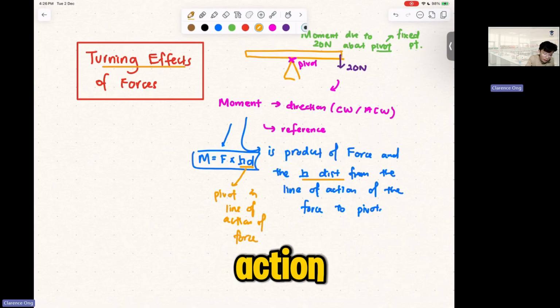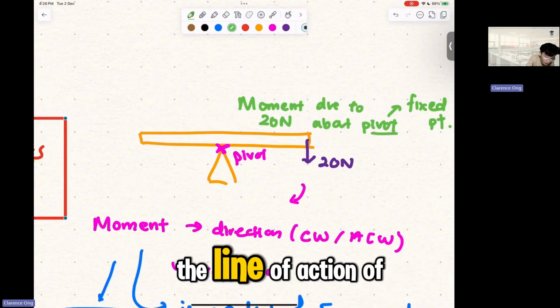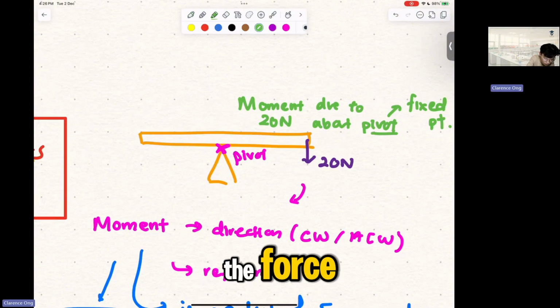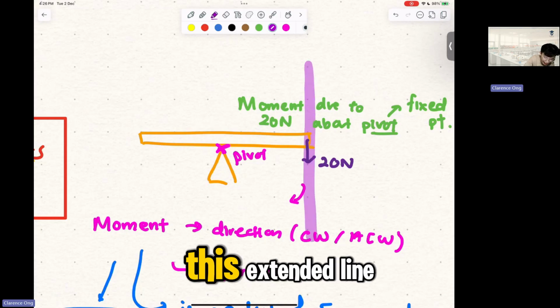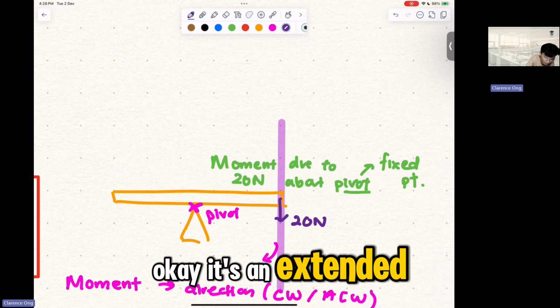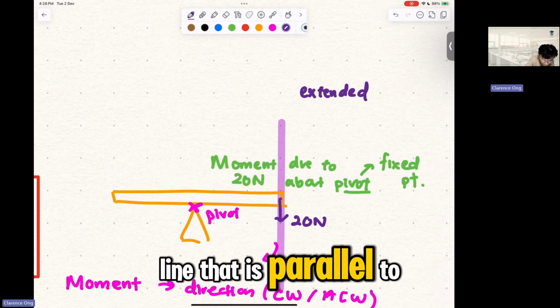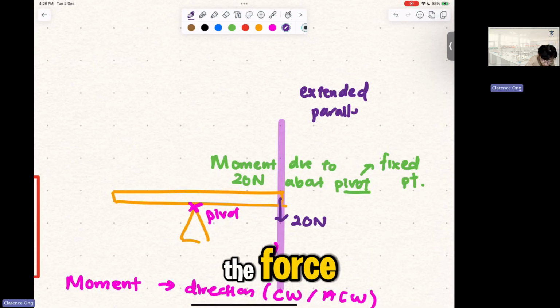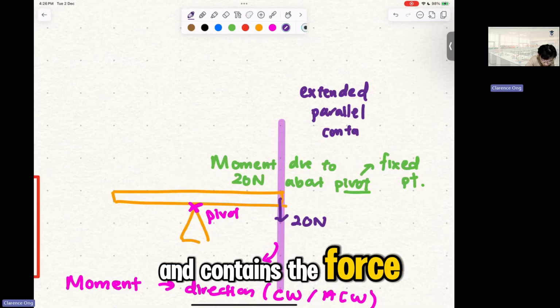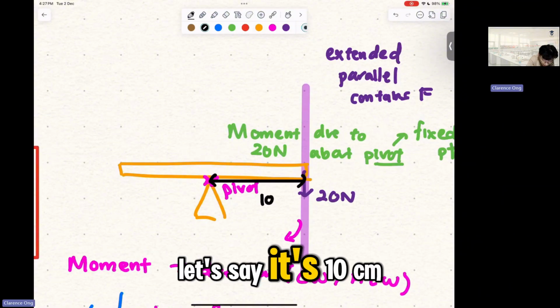What is this line of action? Going back to this example, the line of action of the force of the 20 newtons is this extended line. Okay, it's an extended line that is parallel to the force and contains the force. So this is our perpendicular distance. Let's say it's 10 cm.